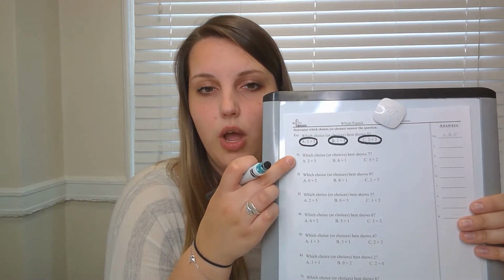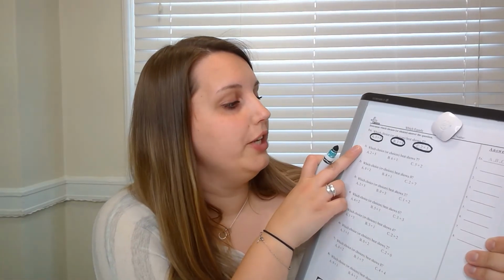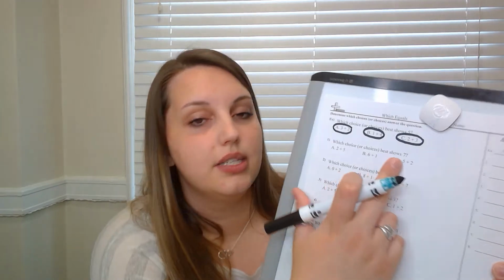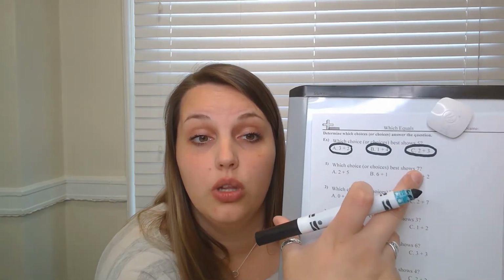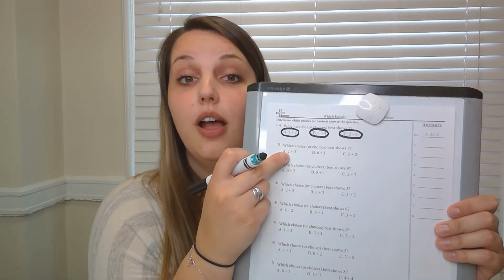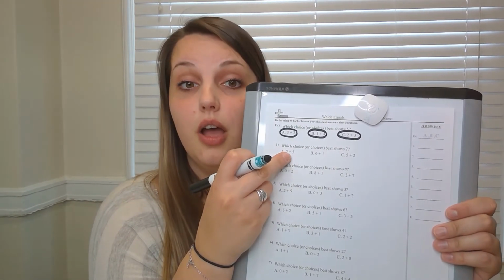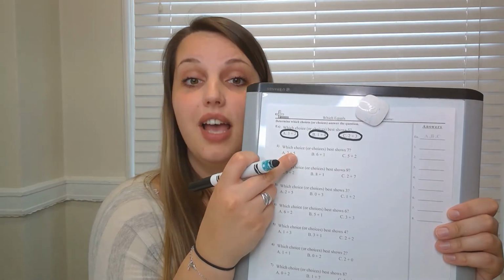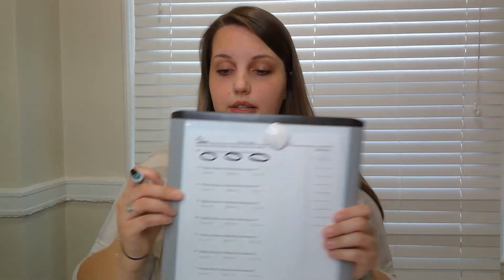Let's look down at number 1. It says, which choice or choices best shows, what's that numeral? 7, right. Okay, let's look at A. We see our first numeral, 2 plus 5, right. We're trying to see if the sum is 7.